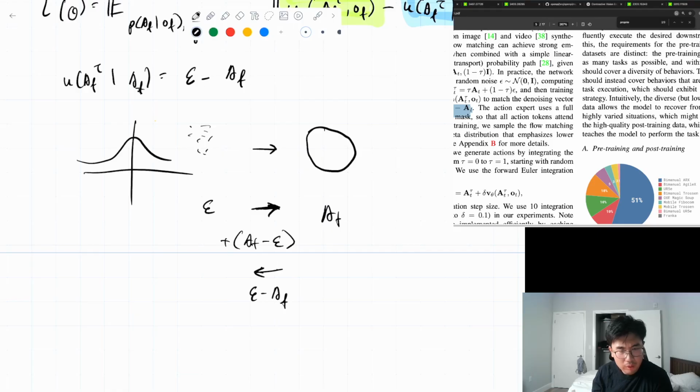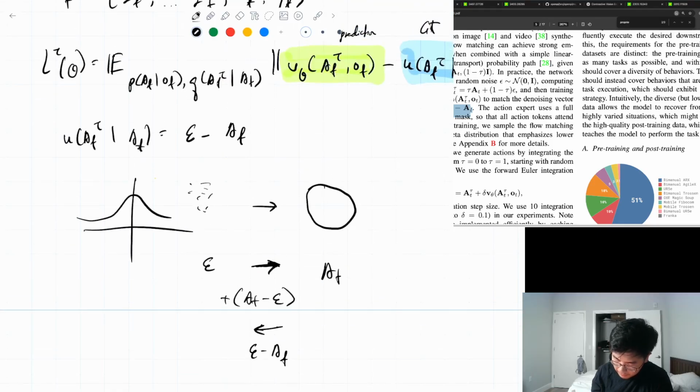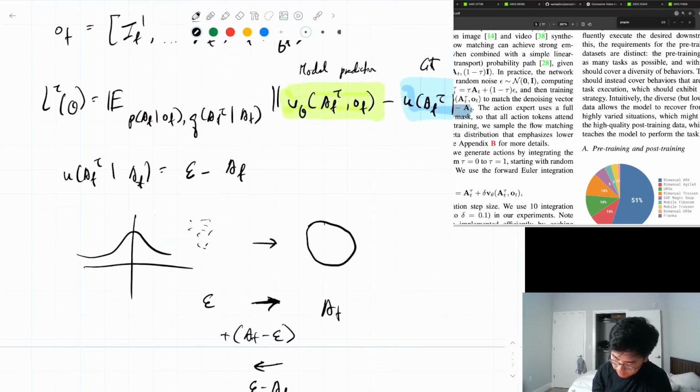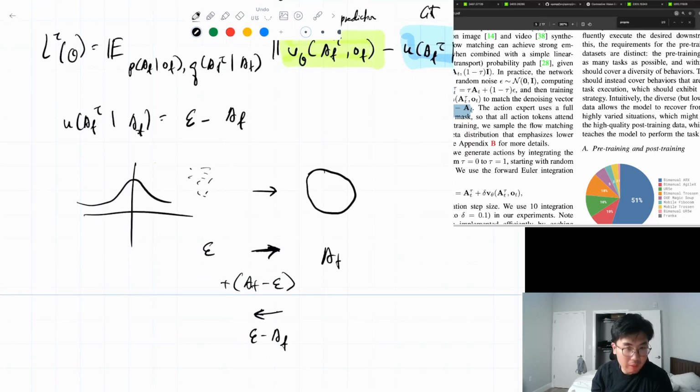So what are we learning? Shouldn't our model be learning this direction, in which case it's actually AT minus epsilon? So why are we learning this? Okay, now I'm actually confused.